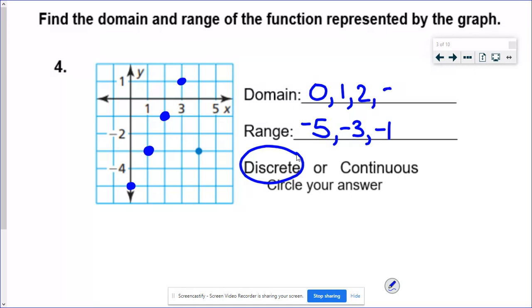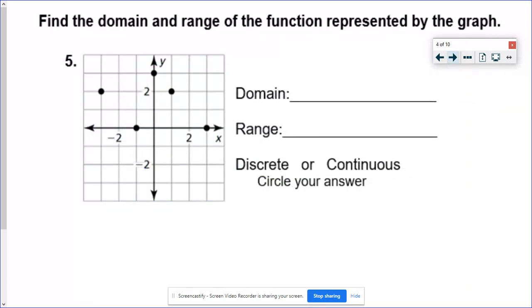So the domain is 3, the range is 1. And then for this last point right here, the x is 4, the y is -3. Now, I already have a -3 right here. I don't need to rewrite it. You could. It's not going to be wrong. But if we're trying to make a list, we don't usually repeat numbers in that list.